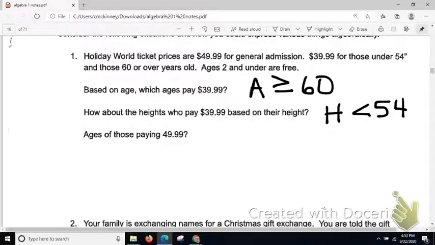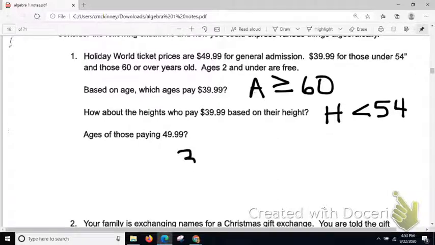This is actually a compound inequality because it has two restrictions, right? It's not just everybody under 60, people under 2, it's a comparison on both sides. So people 2 and under wouldn't be included.